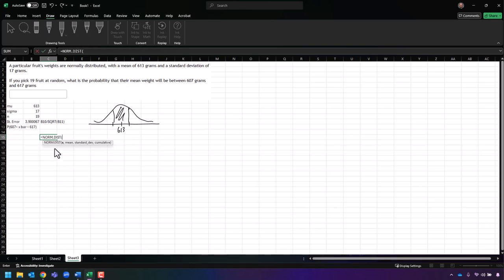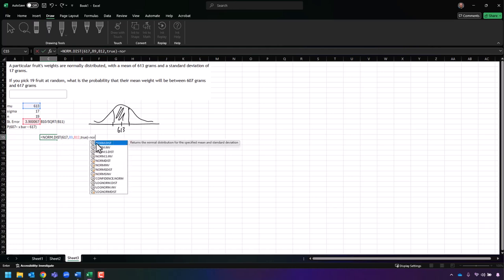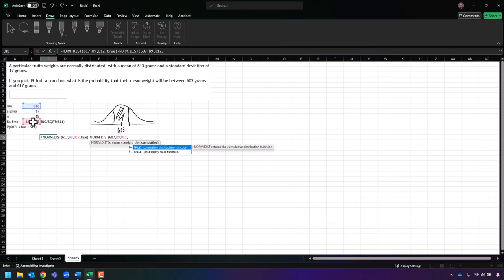So the probability then becomes, and I'm going to just write it down here, a normal distribution, and I take my high side, so this is the 617 with the mean and the standard error of the mean and true, and then minus another normal distribution, and I take the low side value, 607, with the mean and the standard error of the mean and true.